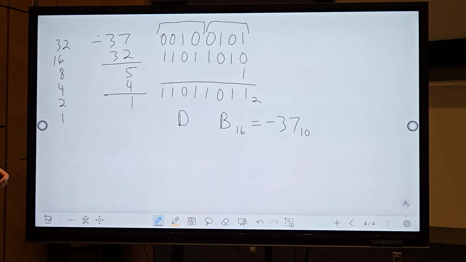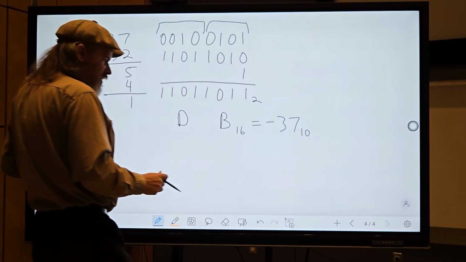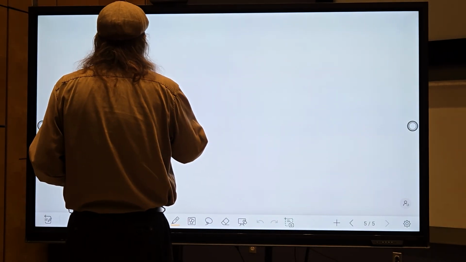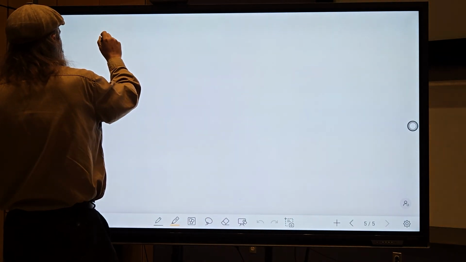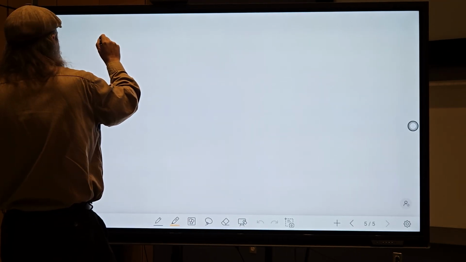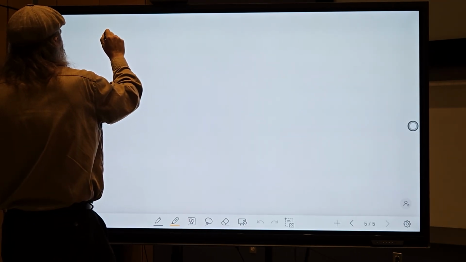And likewise, you can take a negative number in hexadecimal. It's a 9C.